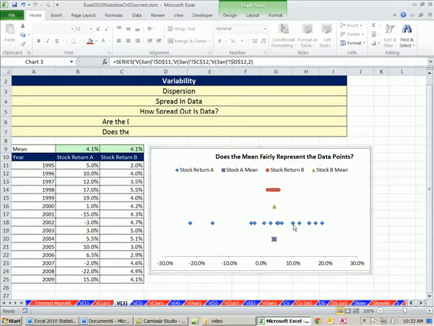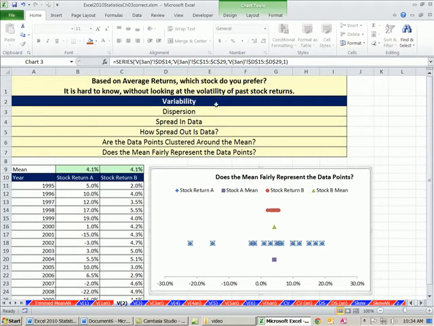These data points are pretty spread out. Here's stock B and all of its data points. Stock B mean is exactly the same, about 4.1. And here are all the data points. They're not as spread out. So variation or dispersion or spread in the data can be seen visually.